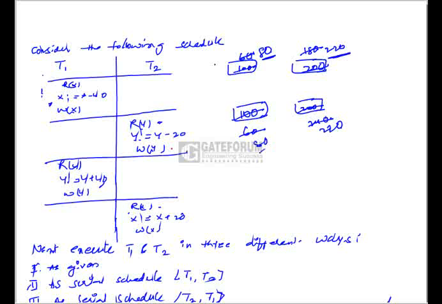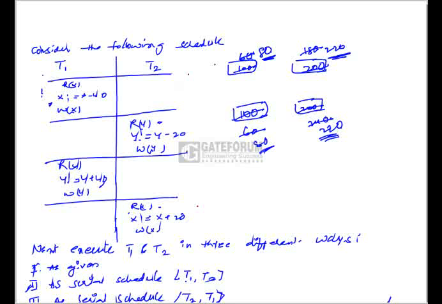After executing the serial schedule T1, T2, the final values of X and Y are 80 and 220, same as the first way, when they are executed according to the given schedule.